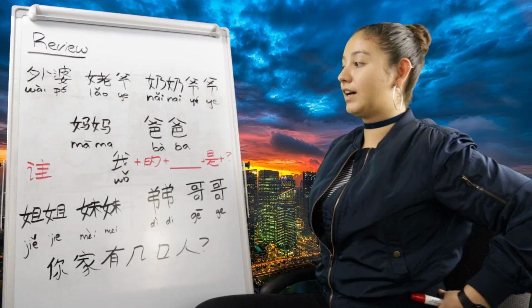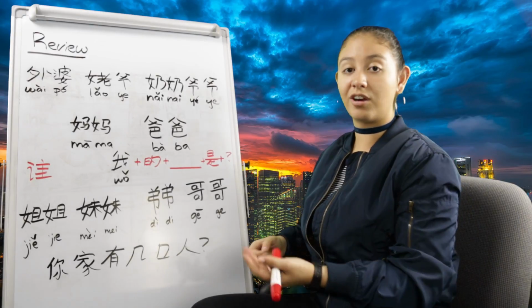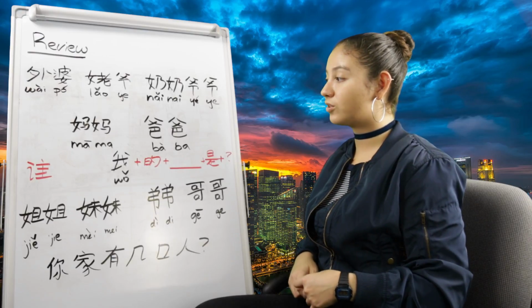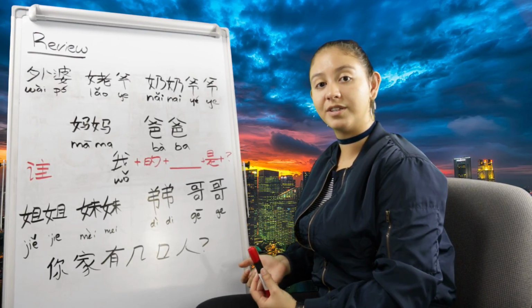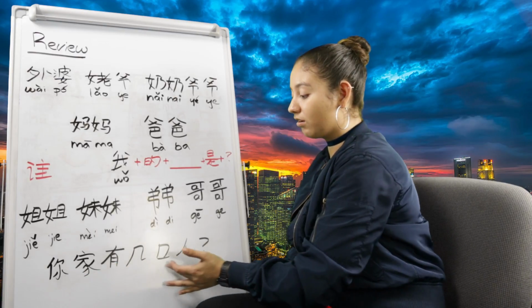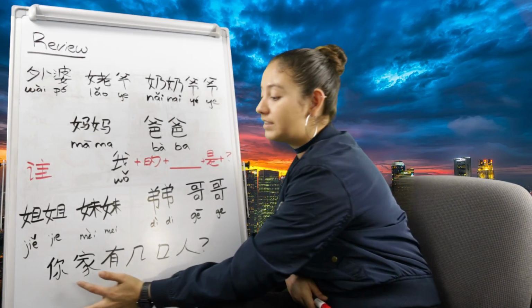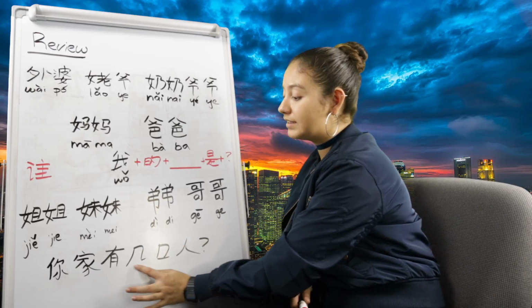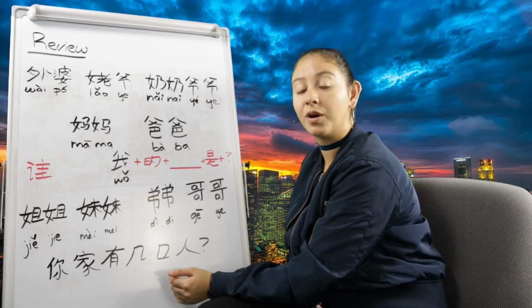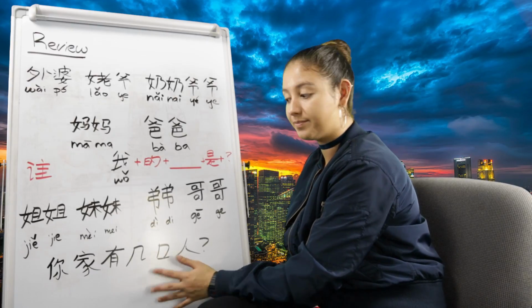So now we're going to ask, who is this? What is their occupation? How many people do you have in your family? So let's go first to, how many people do you have in your family? So we would have 你家有几口人? As we remember, 家 is for family, 几 is to count, and then 口 is the measure word for people, usually family.